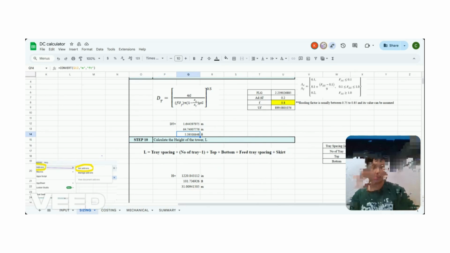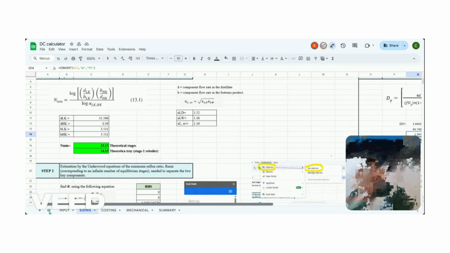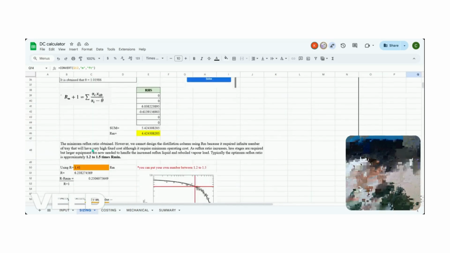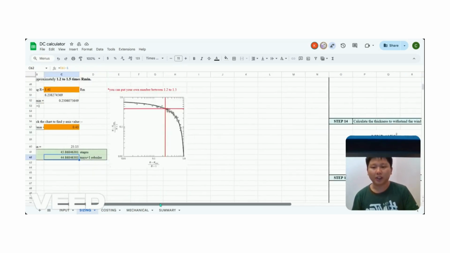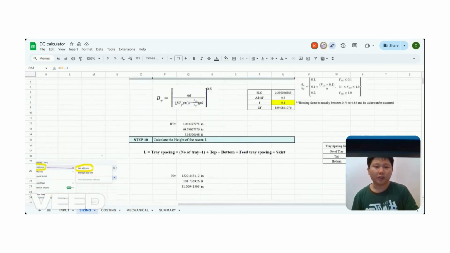For the number of trays, we can obtain it from step 2, in C62. As calculated earlier, in step 2 you will need to calculate the number of trays. Then by having this value, how about tray spacing?